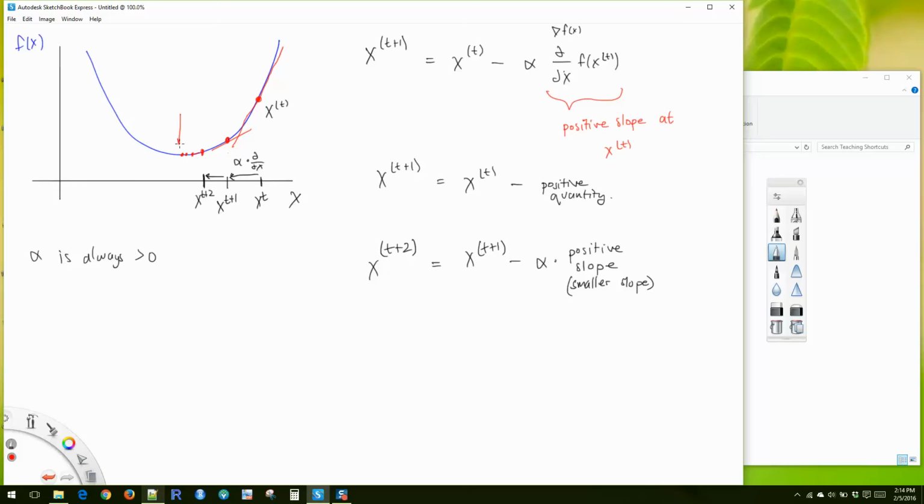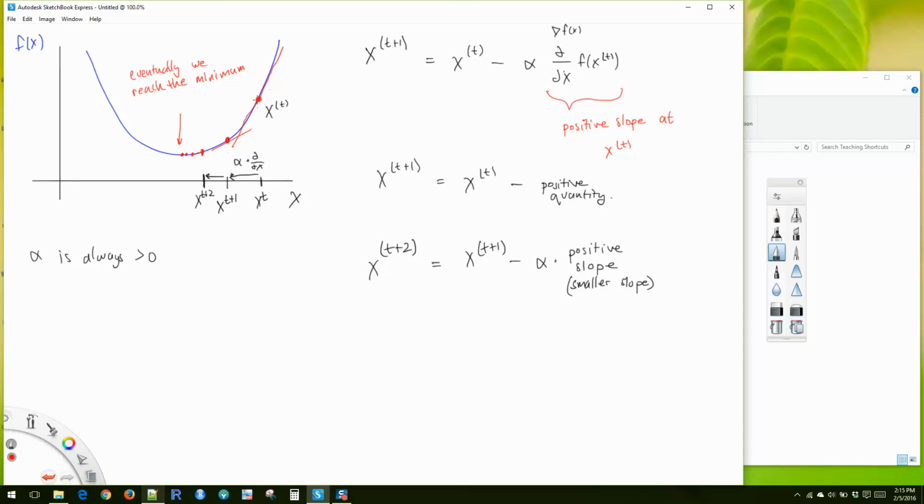Okay, and eventually we reach the minimum. Okay, and so the slope basically tells us whether the function is increasing or decreasing at that point, and we move in the opposite direction, right?